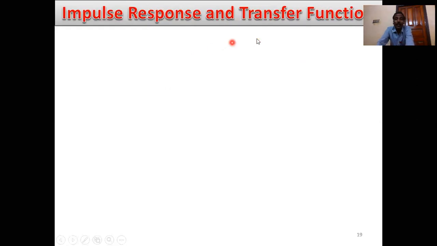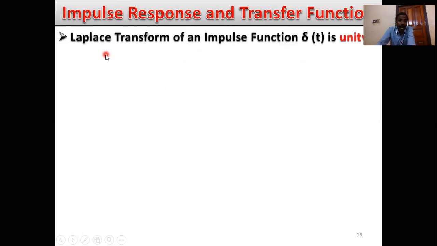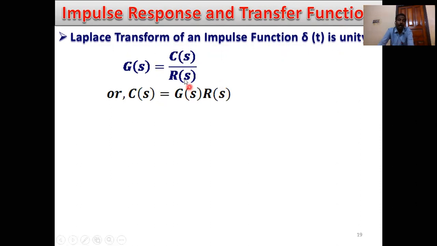Then impulse response and transfer function. This is also very important for engineering students. The Laplace transform of an impulse function delta t is unity, always. So G of S equals C(S) by R(S) and C(S) equals G(S) into R(S).